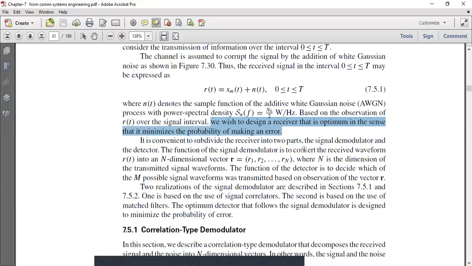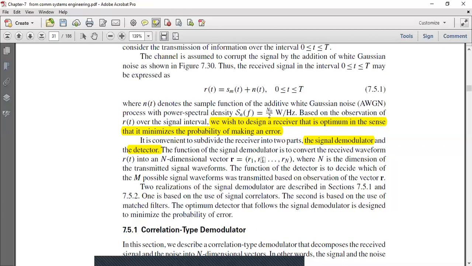We wish to design a receiver that is optimum in the sense that it minimizes the probability of making an error. It is convenient to subdivide the receiver into two parts, the signal demodulator and the detector. Okay, so the receiver has two parts, signal demodulator and detector.